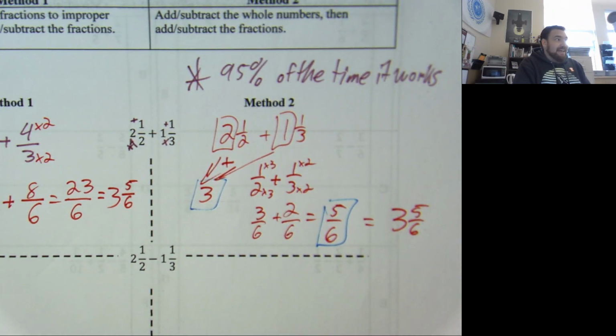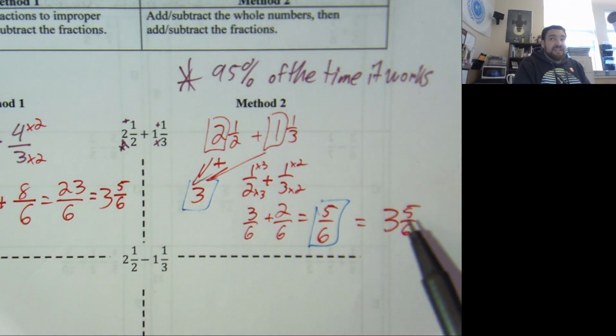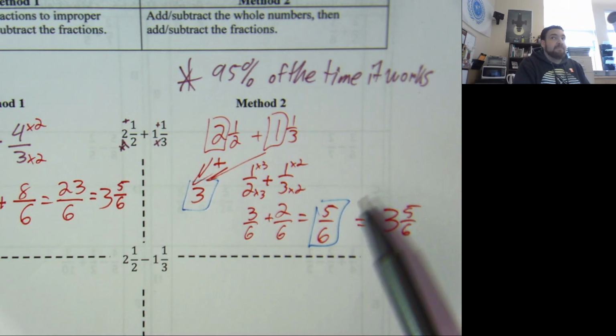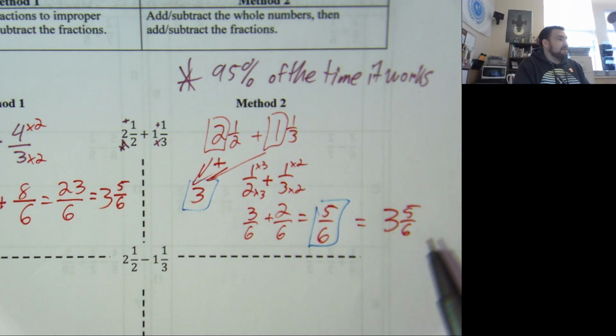Does anyone want to take a guess as to where, maybe you can see it here? I know some of you might be able to see this. See where this one becomes a problem? Does anyone want to take a guess? Sorry?